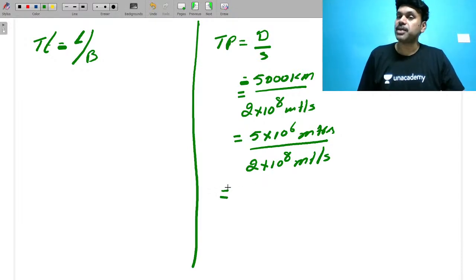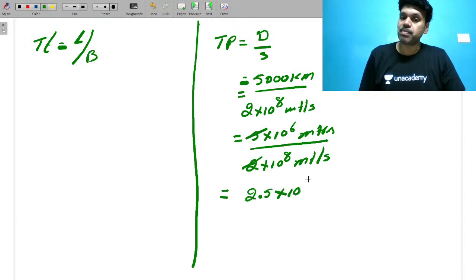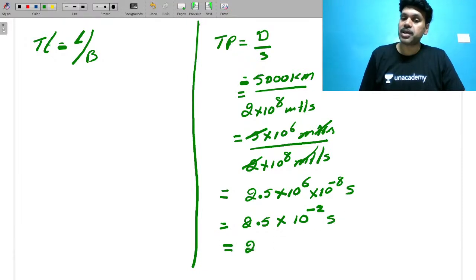Therefore, observe my dear friends, it is 2.5 into 10 power 6 meters cancel into 10 power minus 8 s. What is your answer? 2.5 into 10 power minus 2 s. I can keep it as a nearest one, that is 25 into 10 power minus 3 s, which is nothing but 25 ms.